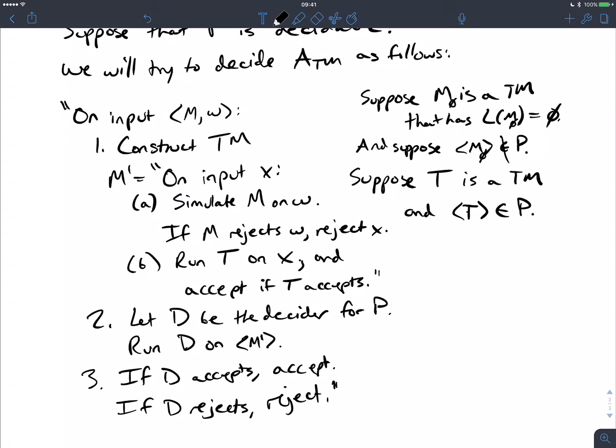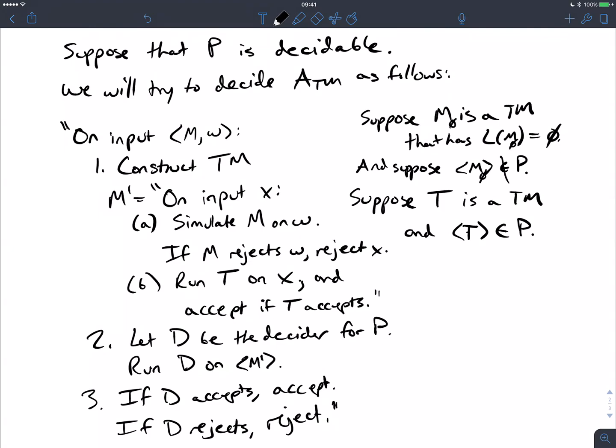So we're just going to assume it doesn't, because I can just flip P and P bar, and the proof would work exactly the same, no differences other than that. So let's say that any machine with the empty language does not have property P. Well, there's some other machine that does have property P by definition, right? So we have this machine M prime that behaves like M empty or T, depending on what M did on W.